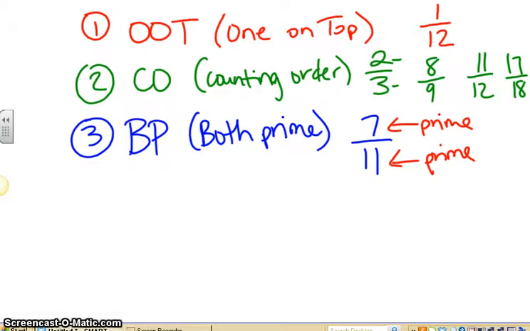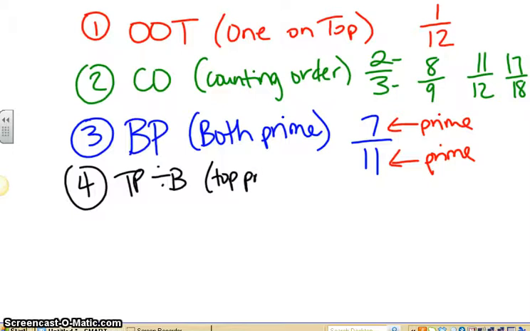Our fourth rule is the TP divided by B, and that means if the top is prime and it won't divide into the bottom.